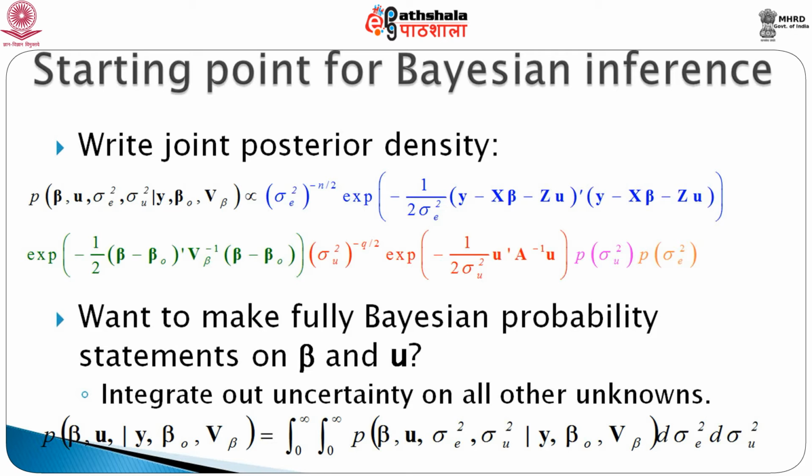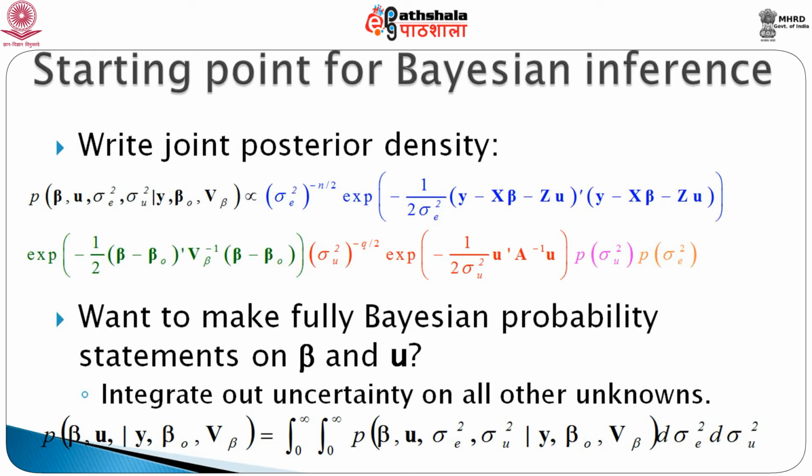We then do the posterior analysis. We look for the joint posterior density of beta, u, sigma_e squared, sigma_u squared given data, and as I said, beta naught and V_beta are known to us, so we can write down the joint posterior density of all these parameters.